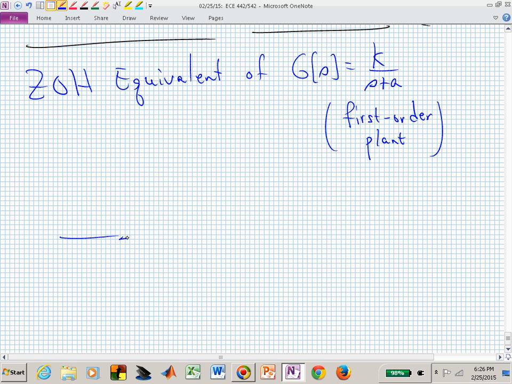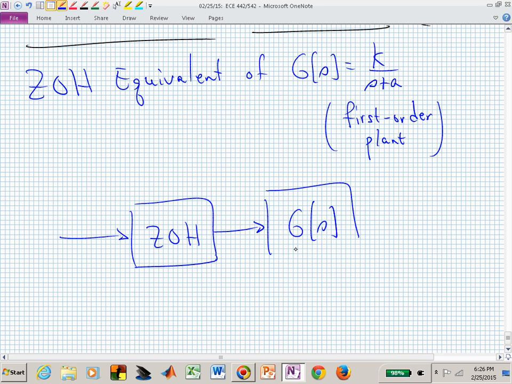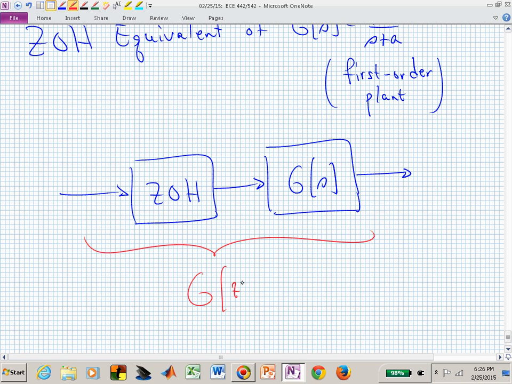The picture that you can see mentally is you now have this zero order hold that precedes your system G of S, and you're now looking at that combination to give you the appropriate discrete time equivalent, which is a zero order hold discrete equivalent. And when I mention zero order hold equivalent, you're thinking of G of S over S, and it's getting pre-scaled by this 1 minus z to the minus 1.